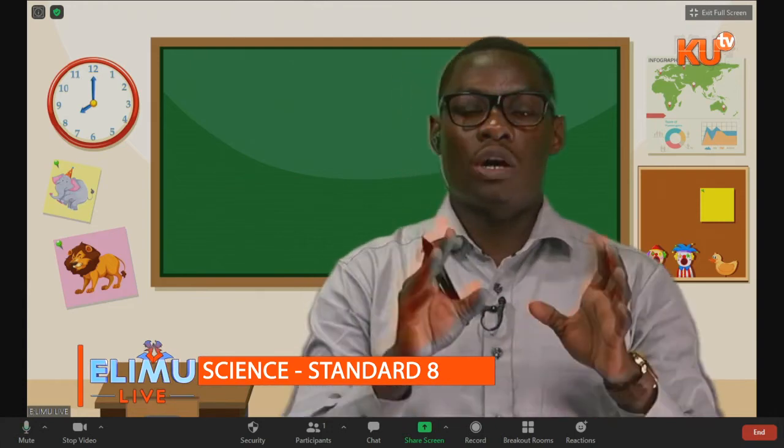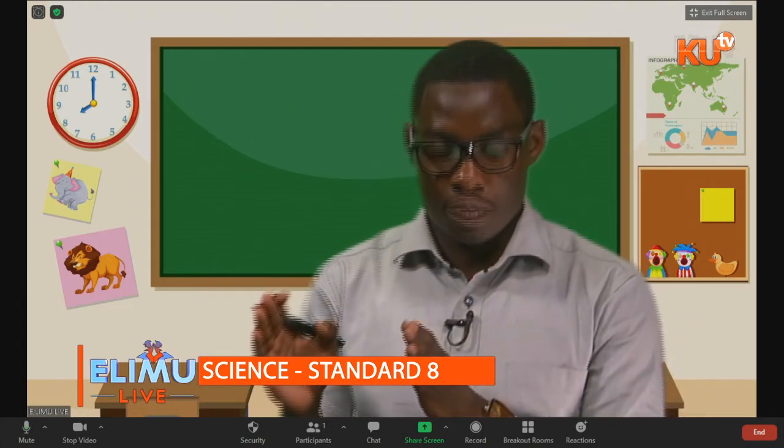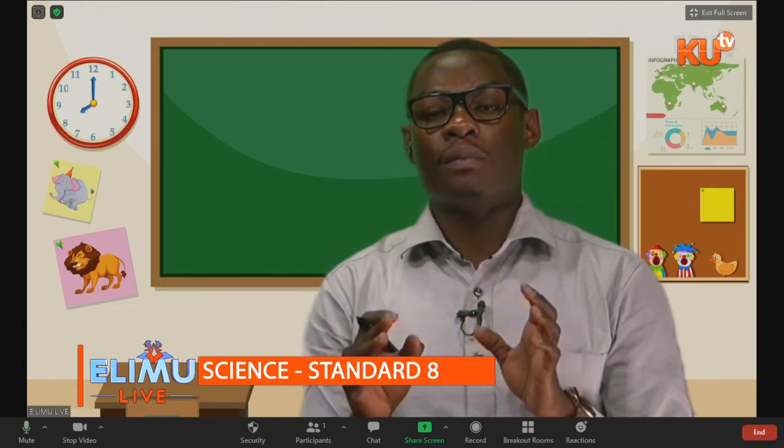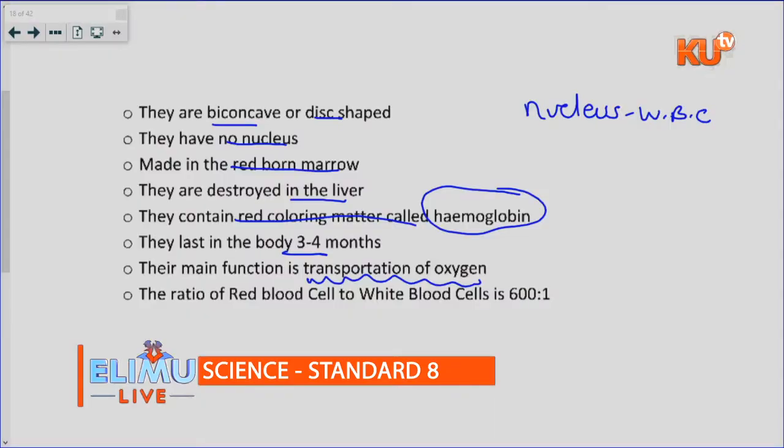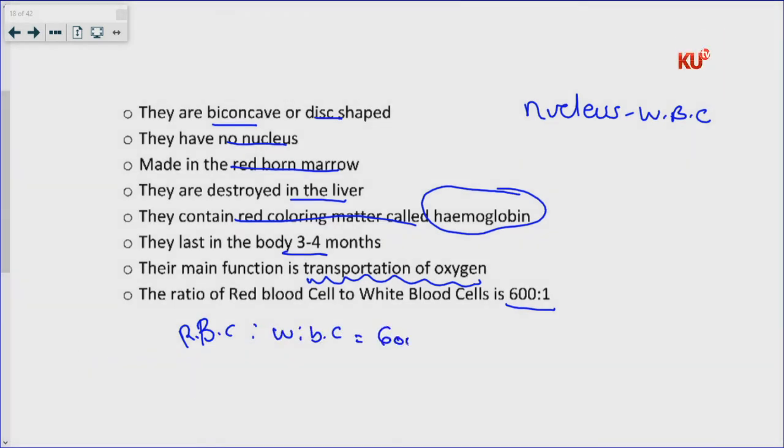When oxygen combines with hemoglobin to be transported, it forms what we call oxyhemoglobin. The ratio of the red blood cells to white blood cells is 600:1, which means red blood cells are more.